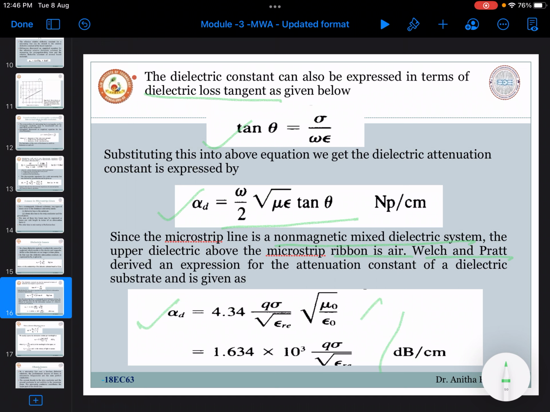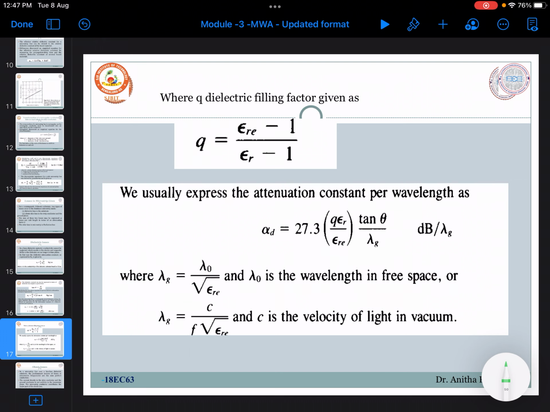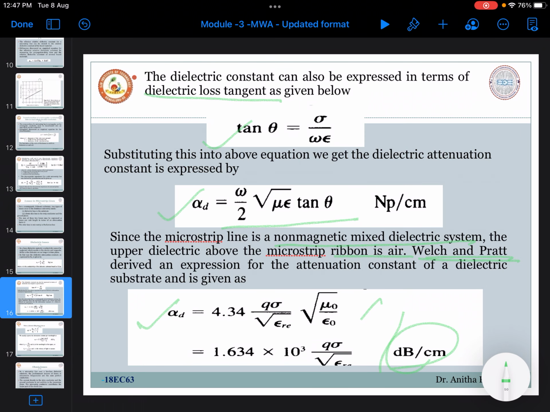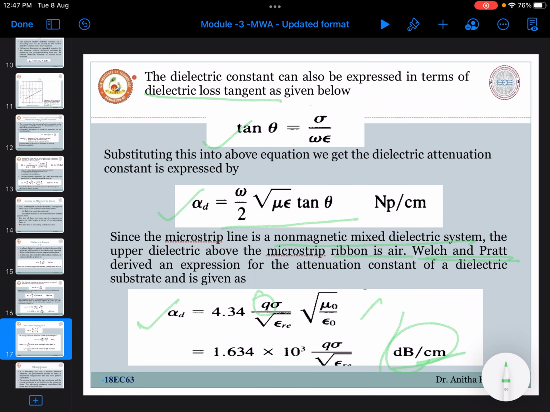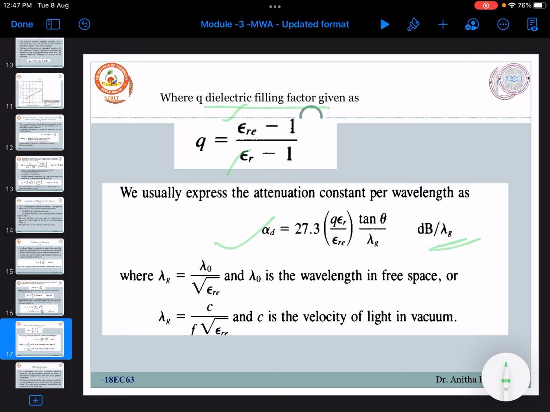These equations are expressed in decibels per centimeter. In that equation we have a factor q, the dielectric filling factor, which can be evaluated based on epsilon re and epsilon r. Epsilon re you need to calculate from that formula. So alpha d can also be expressed per wavelength; this is the expression per centimeter, and this is the expression per wavelength.